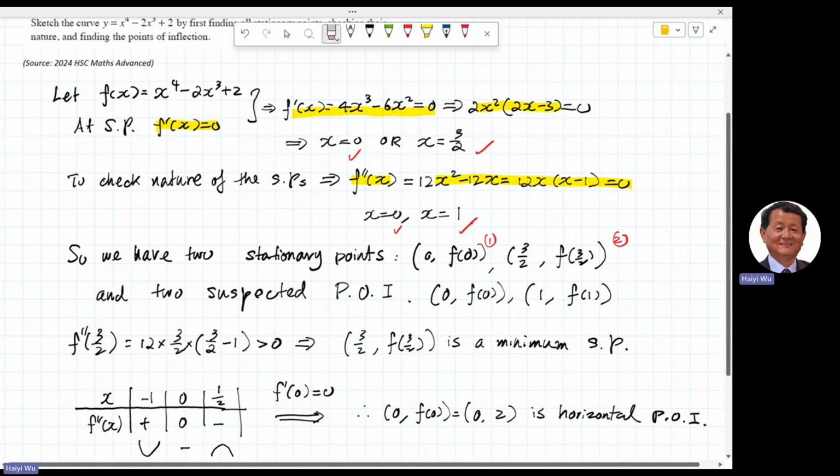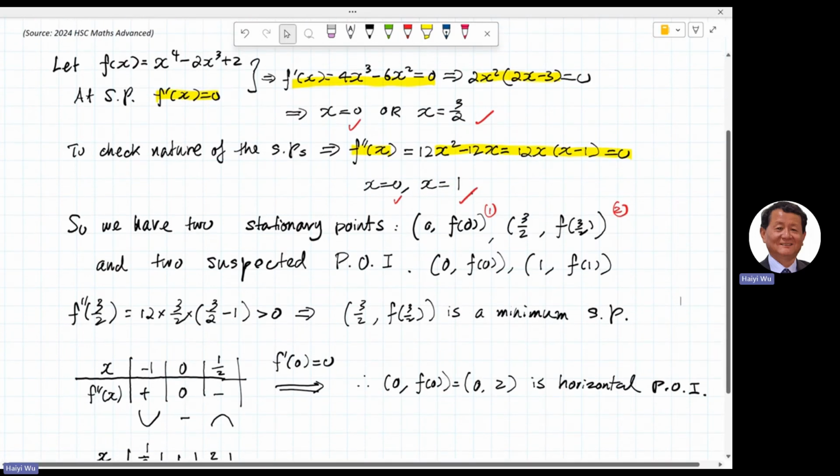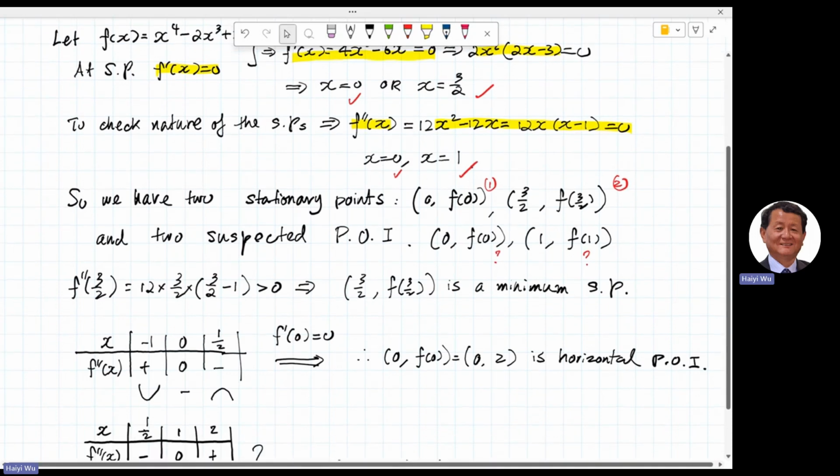Why suspected? Because we don't know whether they are or not. We have to do one more step to test the concavity on the left and right of those points. So at the moment, we only suspect they are points of inflection. So how do we know whether it's a POI or not?